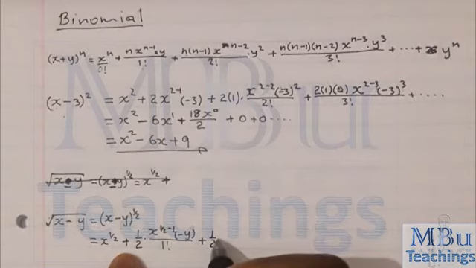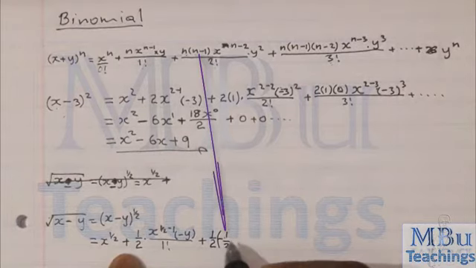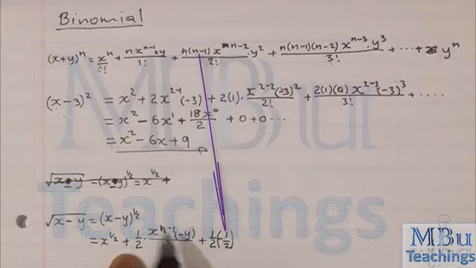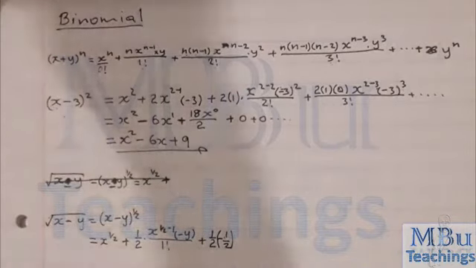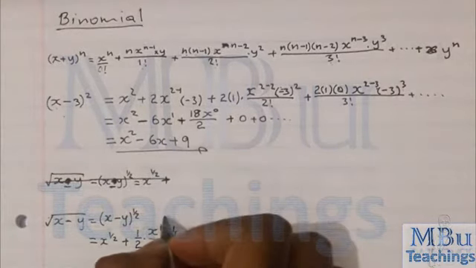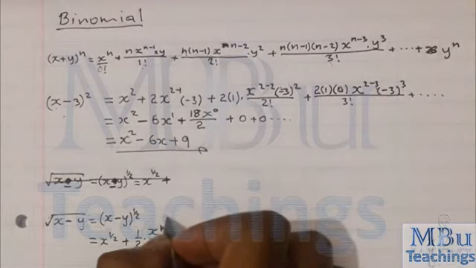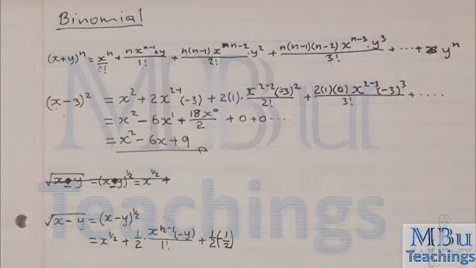So we'll have times negative 1 over 2. So that's what we will have, negative 1 over 2. That's the exponent for that one. I can write it. So I know this exponent is minus 1 over 2.